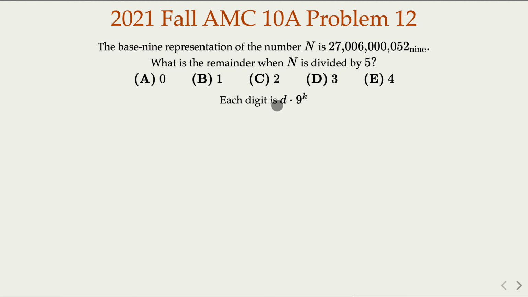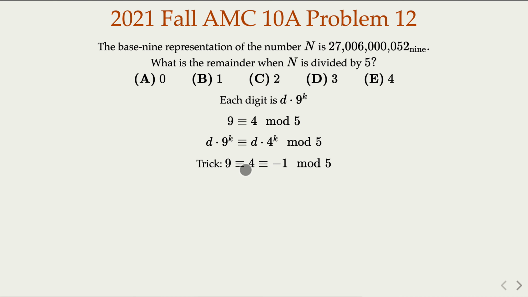So each digit D contributes to 9 to the kth power. However, 9 mod 5 is 4, and it's easier to use -1. The trick here is to use -1 instead. Which means this is 2, this is 5 times -1 raised to the kth power.